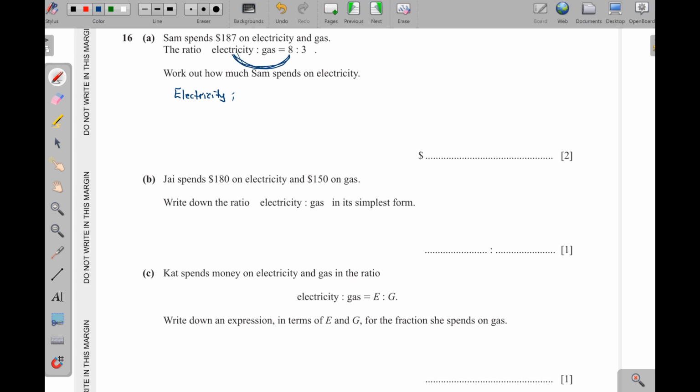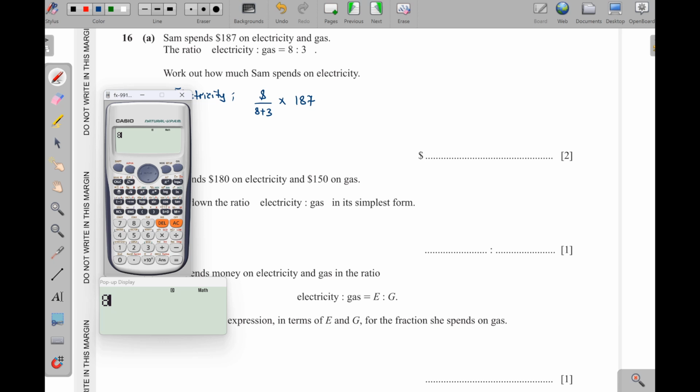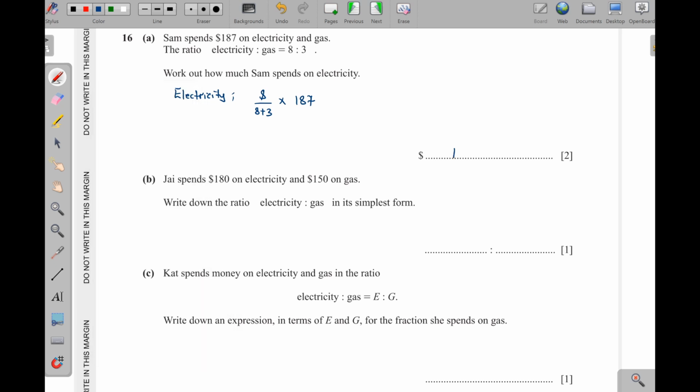It corresponds to the electricity. So we are going to have 8 out of the total, 8 plus 3, then times the 187. Then what do we get? 8 out of 11, then times 187. That is $136.